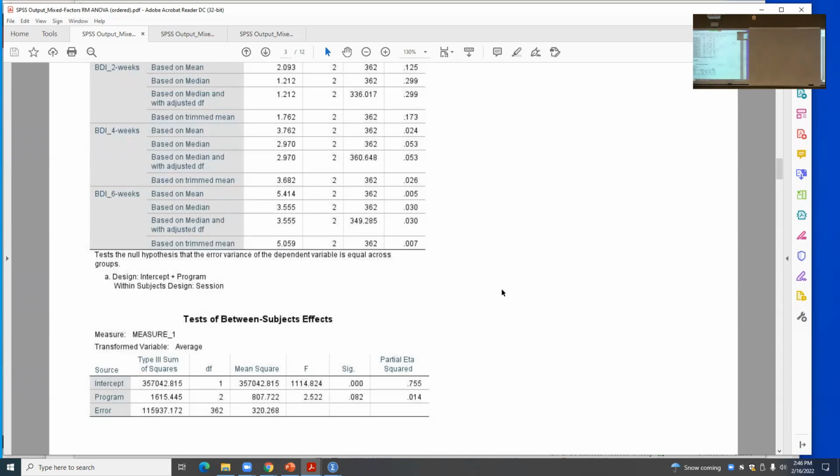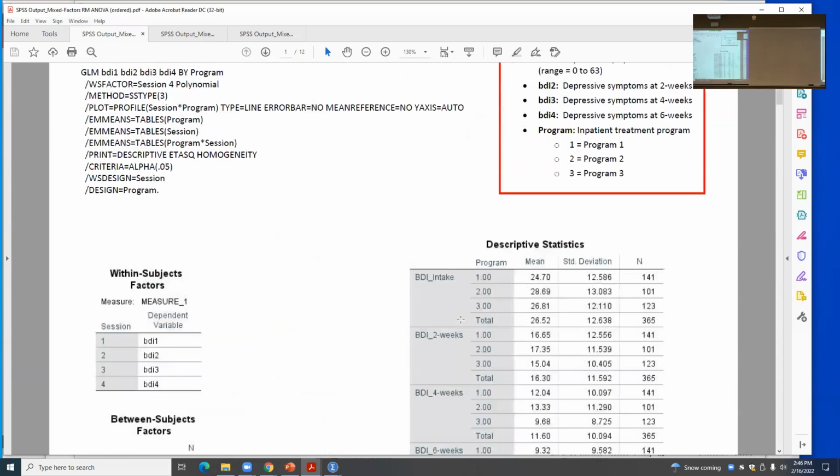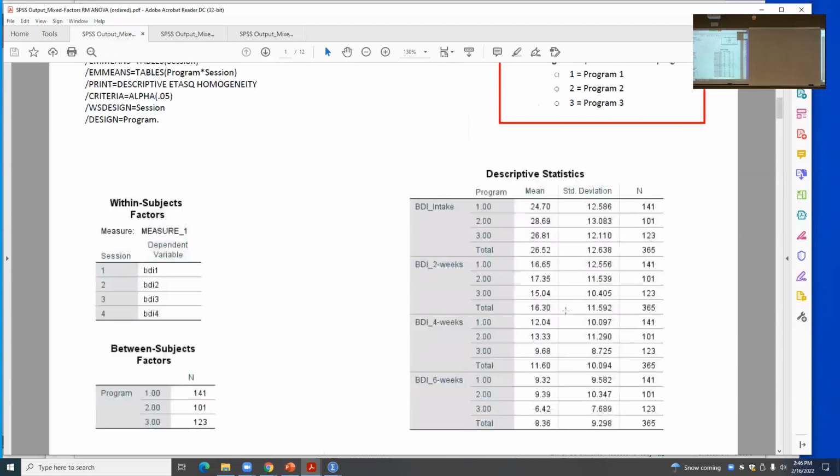If we scroll back up to our means, remember I was talking about wanting to know what your means mean? What means are being assessed in this between subjects effect here?